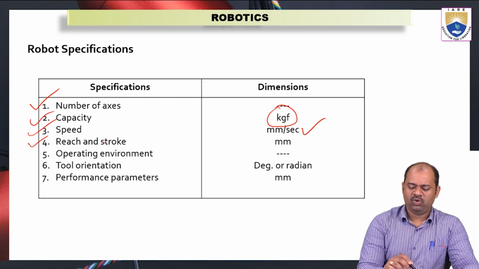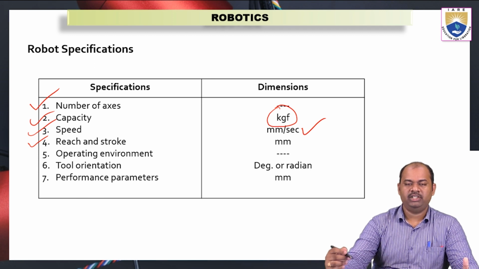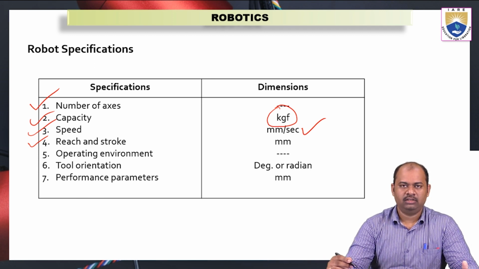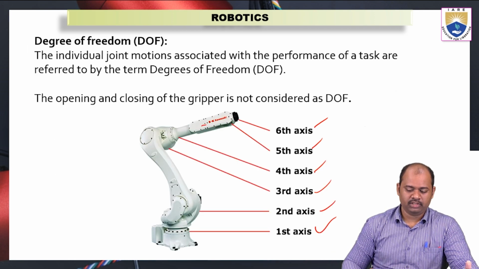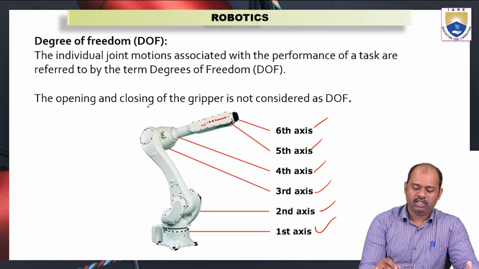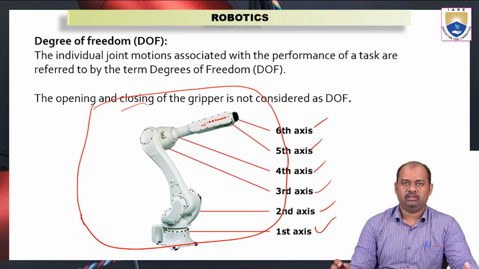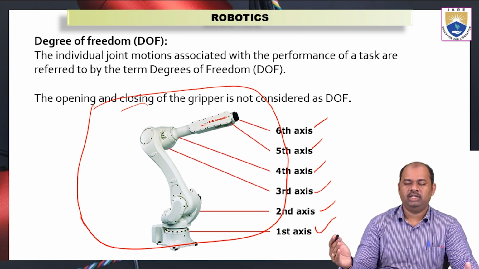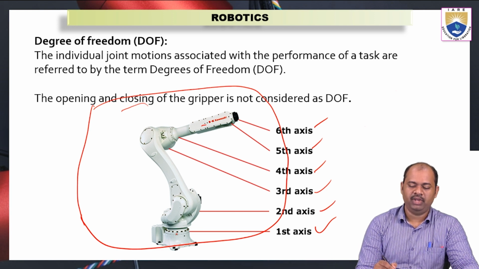And the next specification is reach and stroke. Reach and stroke are directly related to how much distance or how much volume around the robot it can reach. Going to the previous slide, see, this is a robot. It will have some volume around it where it can reach. Beyond that limit, it cannot go and work because robots are fixed to the base.